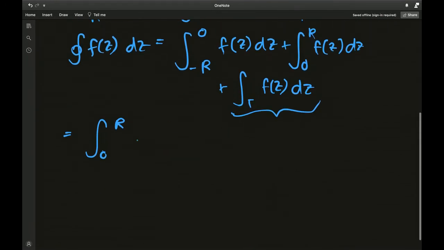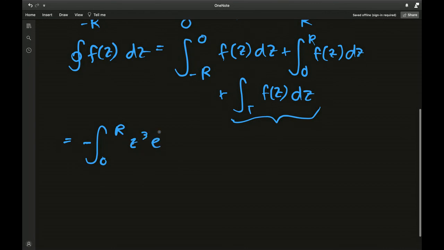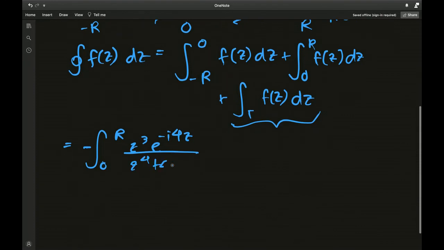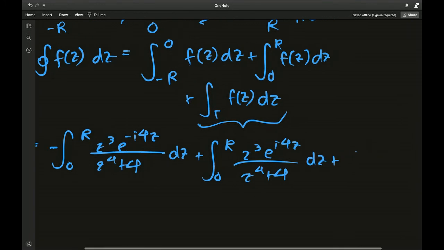So then we'll have a negative again to correct the order: z cubed e to the negative i times 4z divided by z to the 4 plus 4 dz, plus the integral from 0 to r of z cubed e to the i 4z over z to the 4th plus 4 dz, plus the part over gamma.